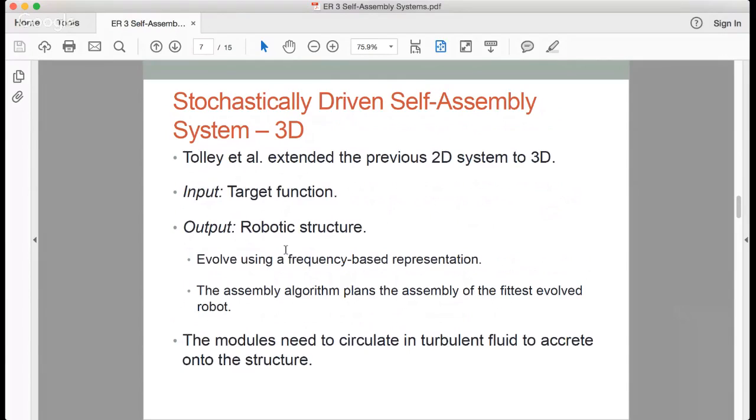So the robotic system will evolve using a frequency-based representation. And the assembly algorithm then takes place to plan the assembly of the fittest evolved robot by sampling a graph of all possible paths to the target structure and following those that leave the most options open.